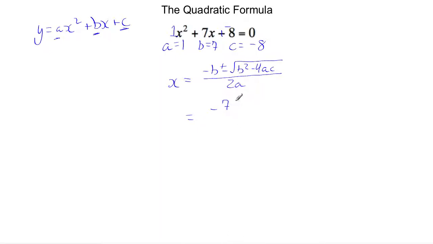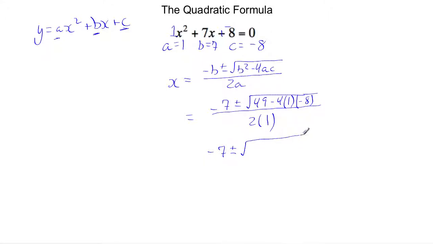So I get negative 7 plus or minus the square root of b squared, which is 49, minus 4 times a, which is 1, times c, which is negative 8, all over 2 times 1. So I get negative 7 plus or minus the square root of 49. This actually becomes plus 32, all over 2.